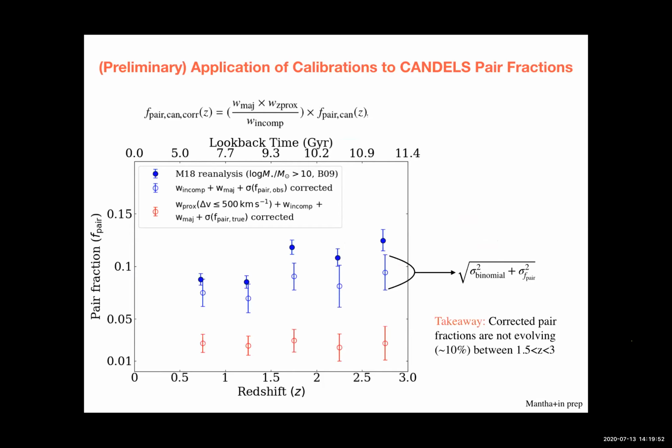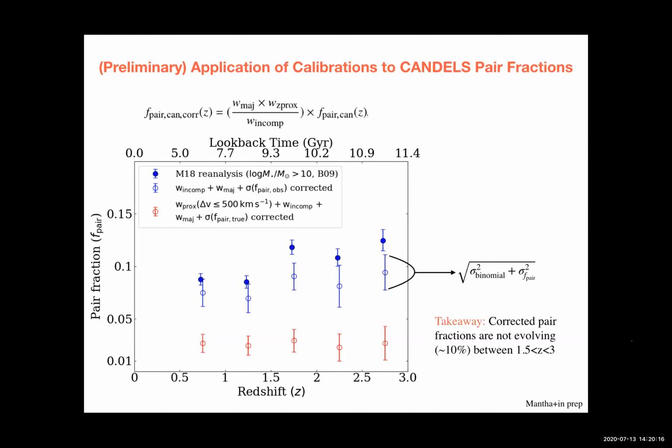So this is preliminary, and I have basically analyzed the CANDELS data with a different selection cut than my 2018 paper, and then incorporated the W major, which is the major pair selection correction, the redshift proximity correction wherever required, and then the denominator's incompleteness correction.